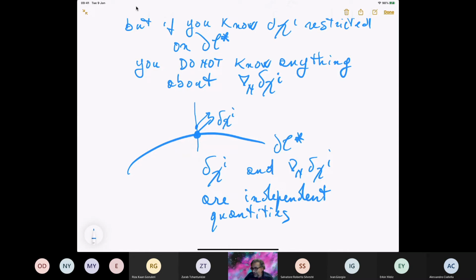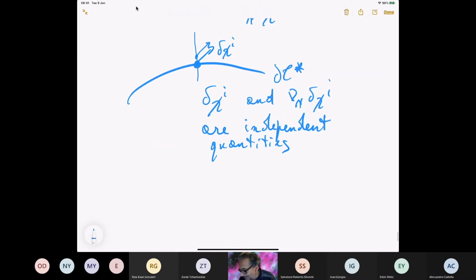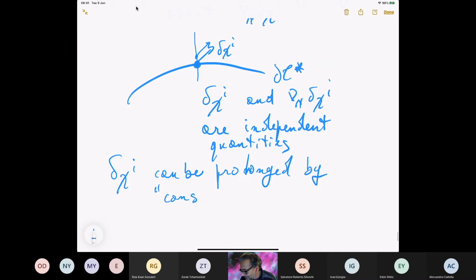We will go back to this point, but think about this. I can find, given delta Ki, infinite prolongations outside the surface delta C star, each one with a different normal gradient. So delta Ki can be prolonged by constant values along the normal.